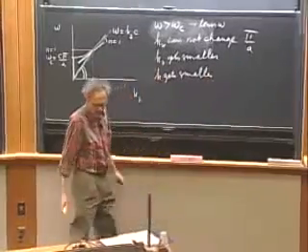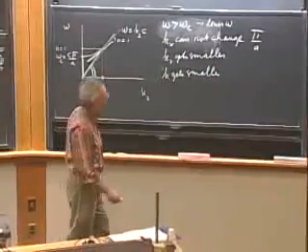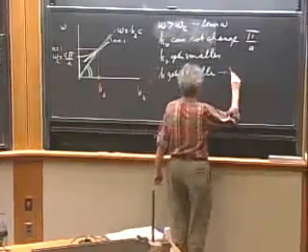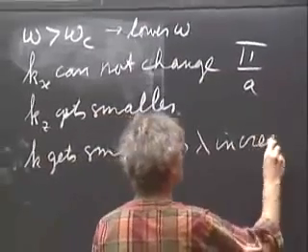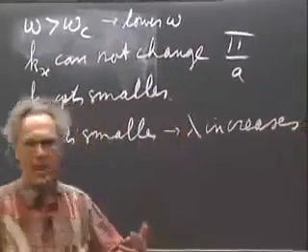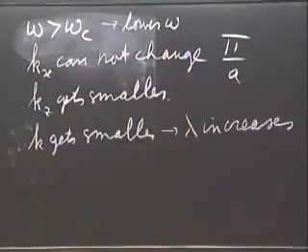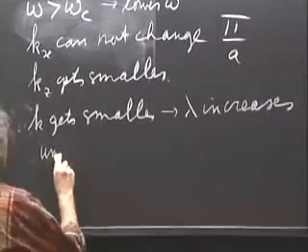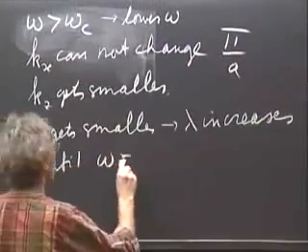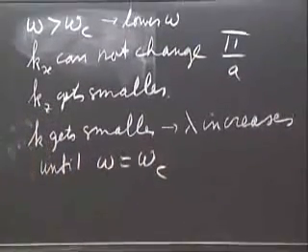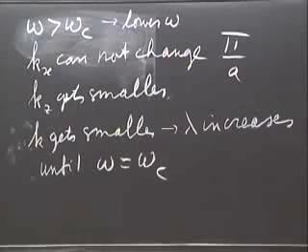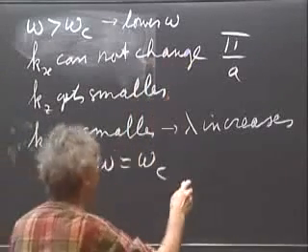And if k gets smaller, then of course lambda increases, because lambda is 2 pi over k. Until disaster strikes, omega becomes omega c. And when you reach that point, kz has become 0, and kx is still pi over a.